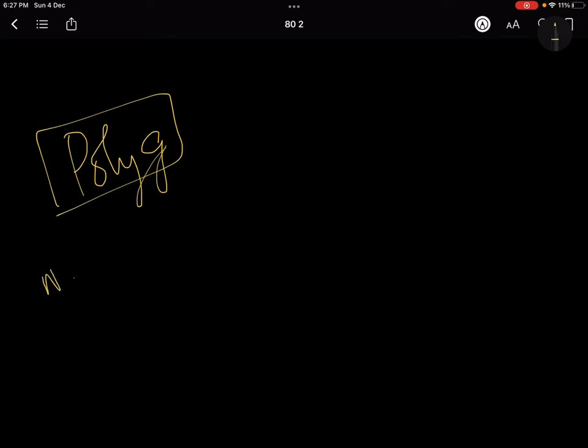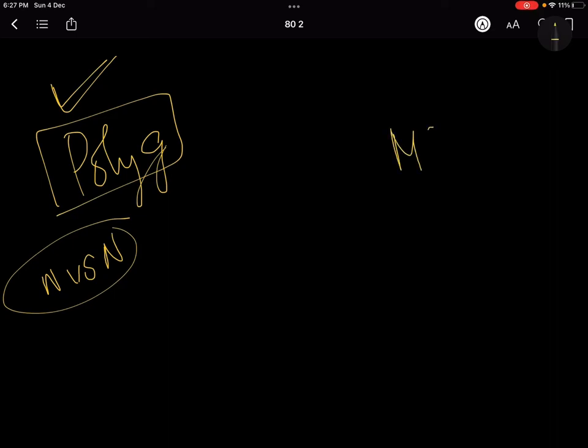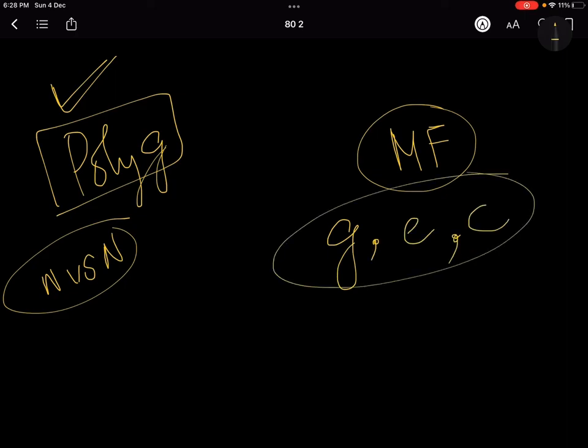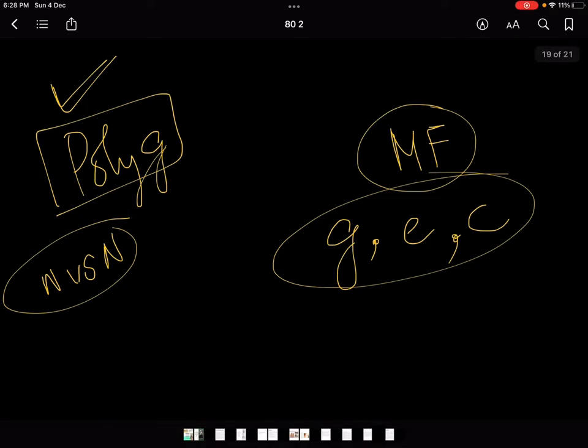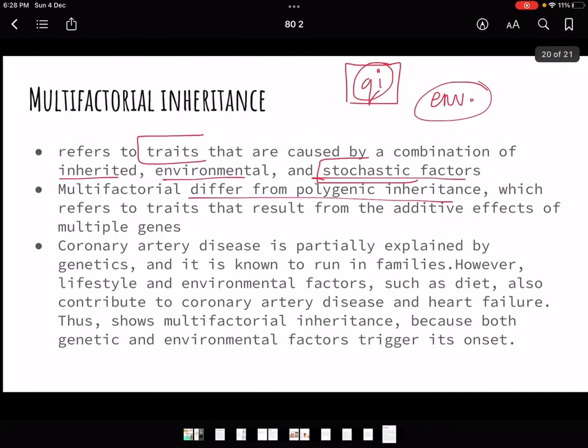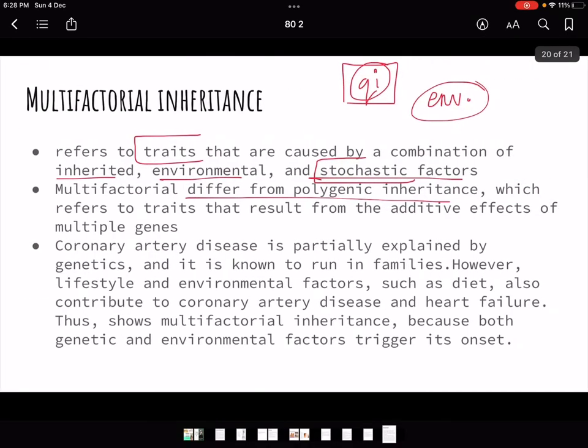Because nature versus nurture में हमने precisely this only studied, that both nature and nurture have a role on our genes. But in polygenetic inheritance हम genes की बात ज़्यादा कर रहे हैं. But in multifactor we are saying that genes, environment and chance factors, all of them together show a phenotypic trait.